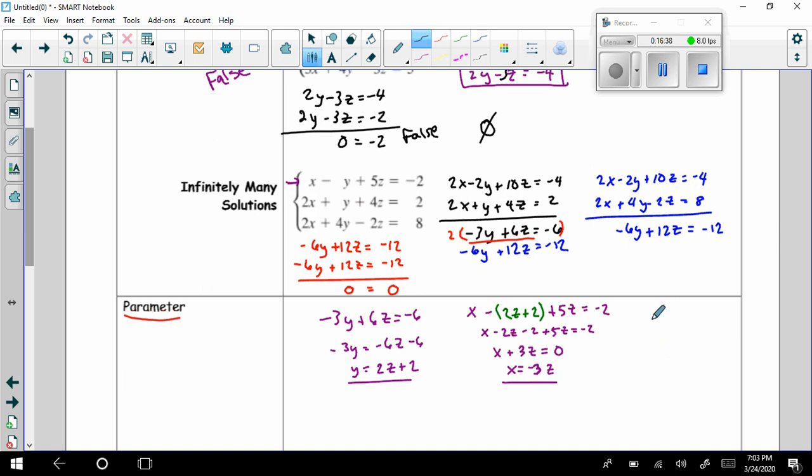And so here's how a parameter works. If x is equal to negative 3z and y is equal to 2z plus 2, and z, we're going to let z equal t, where t is our parameter.